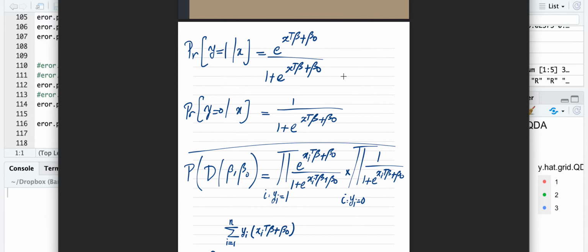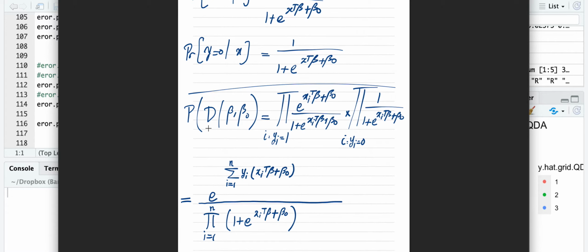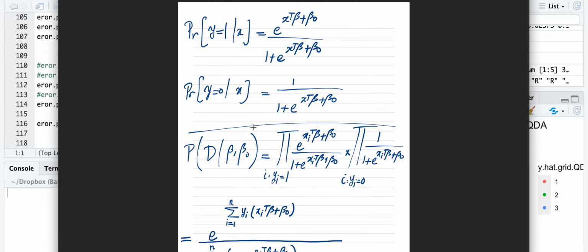So if you remember, for logistic regression, the conditional probability of response given features was this linear function that goes through the sigmoid. And then the probability of data given beta and beta 0 is the multiplication of the probabilities for each data point, because each data point is independent of the other one.